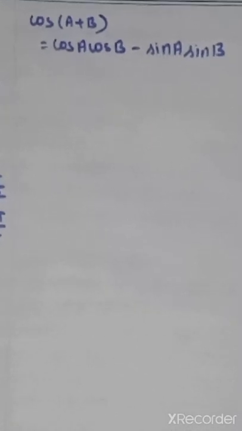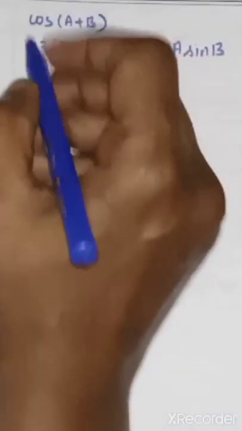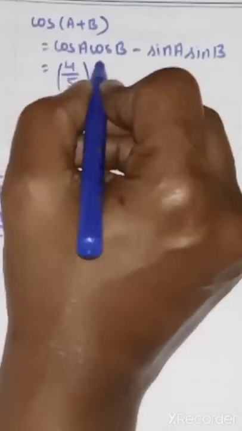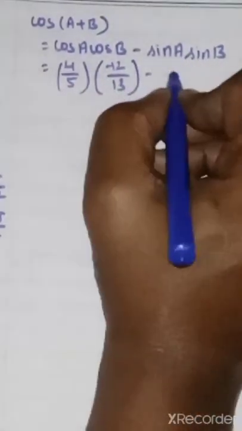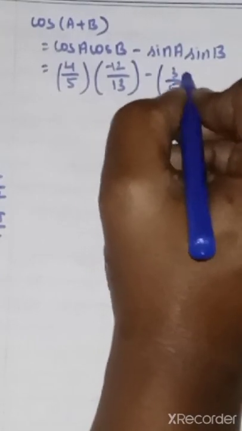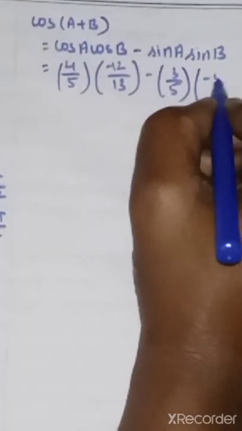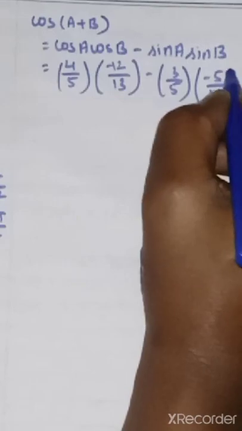So first subdivision, cos(A plus B). What is the cos(A plus B) formula? Cos A cos B minus sin A sin B. All the values we know, so substitute them. Cos A is 4 by 5, cos B is minus 12 by 13, minus sin A value 3 by 5, sin B value minus 5 by 13.